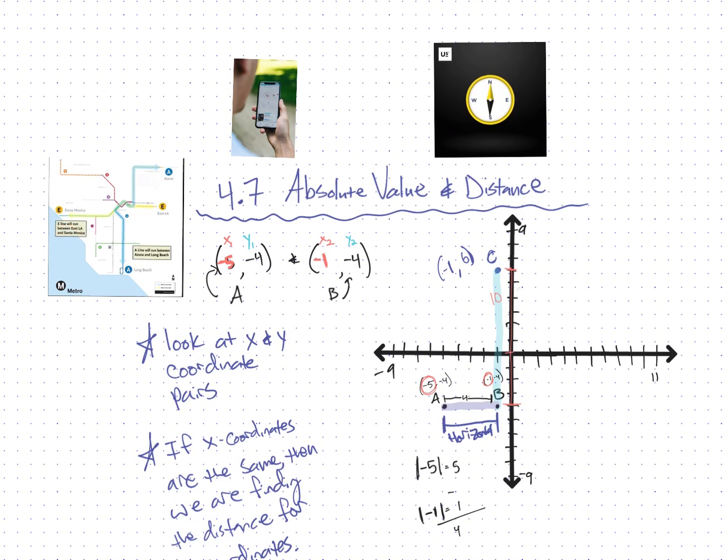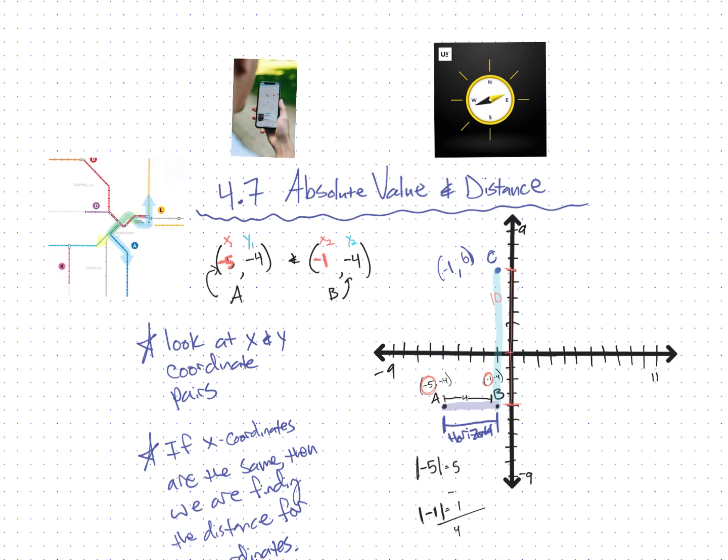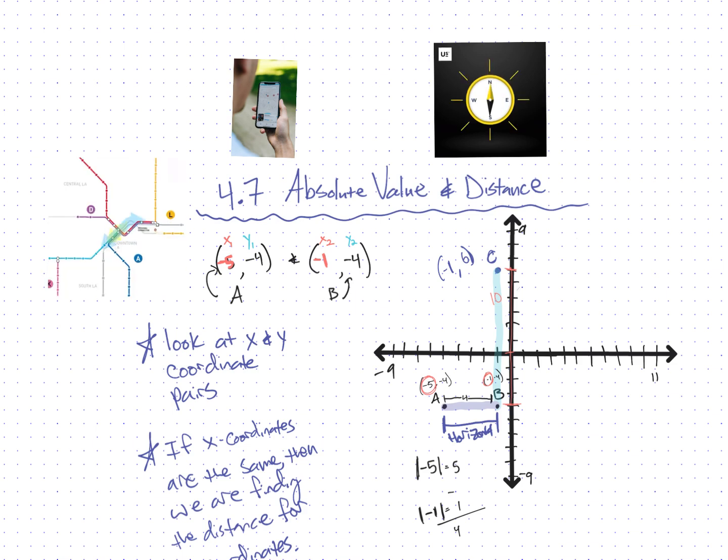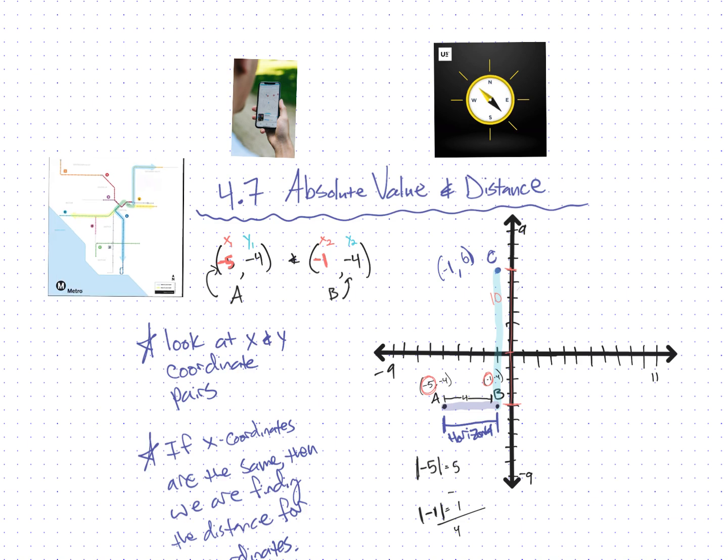Today, going over absolute value and distance. This is the final lesson for this unit, and this is kind of where we put all of our skills together, so this should be a quicker video. You may not know this, but we do this on a daily basis.